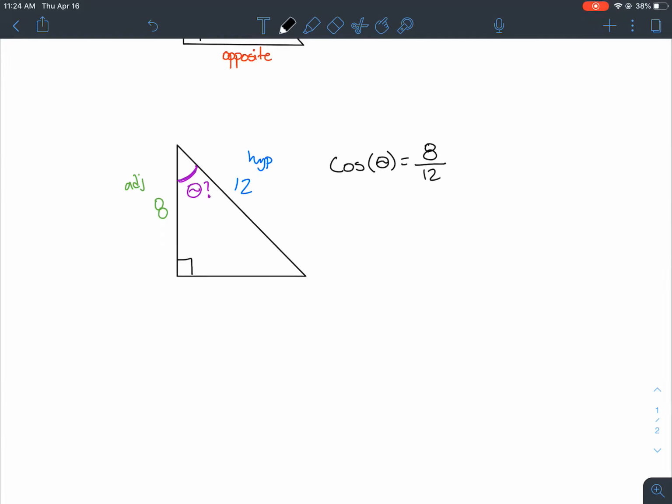Now, this is where things get a little bit different than last week, or last classes. We have this cosine of an unknown angle, so we need to undo that to figure out what theta is going to be.